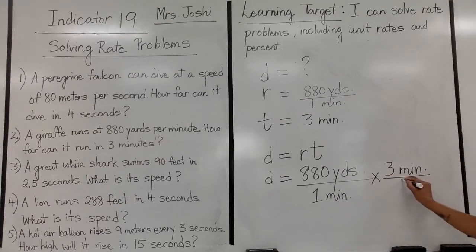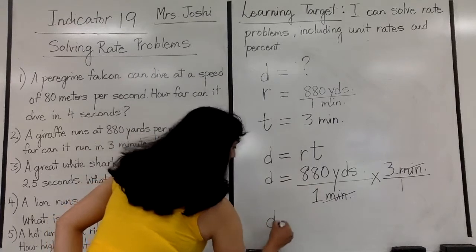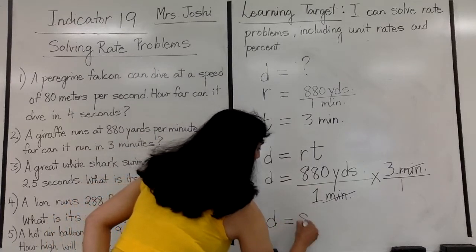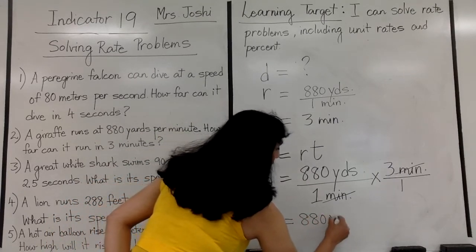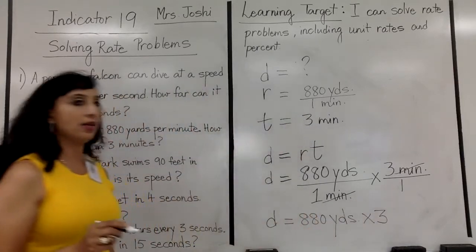Okay, so this I can do over 1 like this. Minute and minute get cancelled out. And so then I'm left with D is equal to 880 yards times 3.